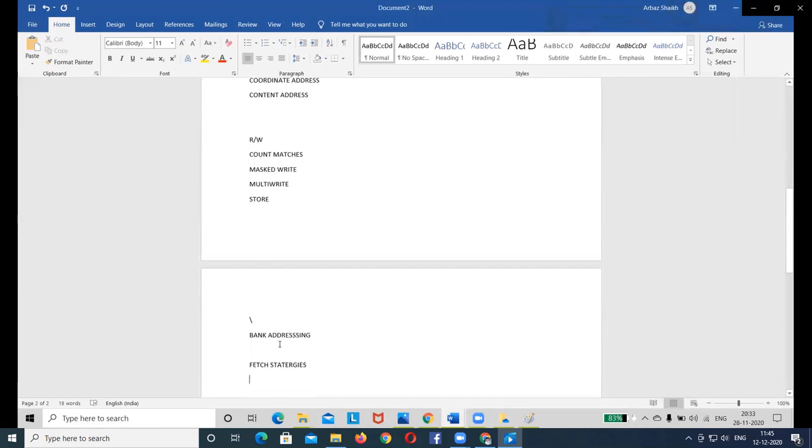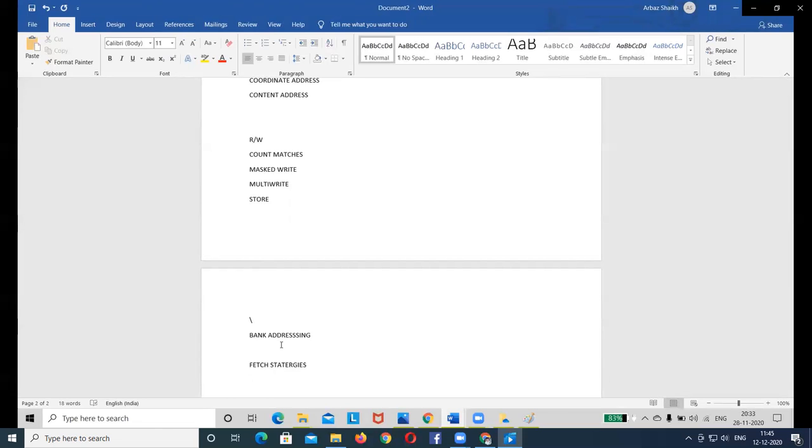Then placement strategies: here we decide where in main memory to place incoming data. And replacement strategy: here we decide which data to remove from main memory to make more space.